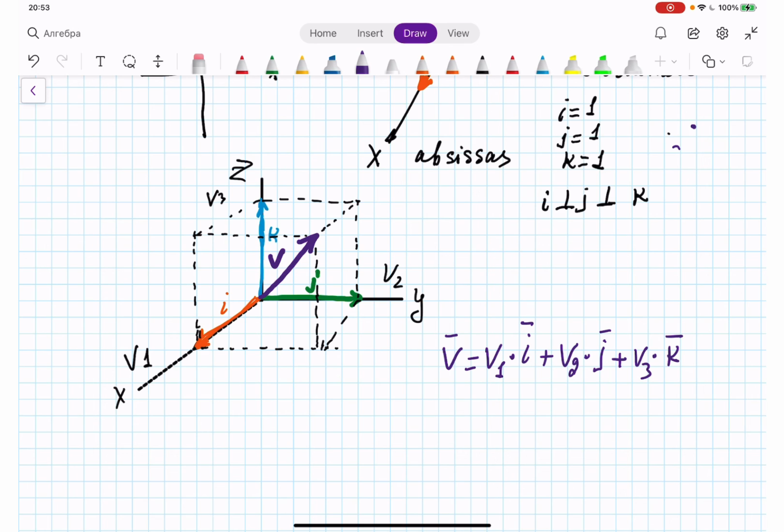So this vector we wrote down in the expanded form. I think this much information is enough. I'll let you digest what you see, and then I will deliver operations over vectors. But first I need you to understand all this, so it will be easier to work with vectors further.